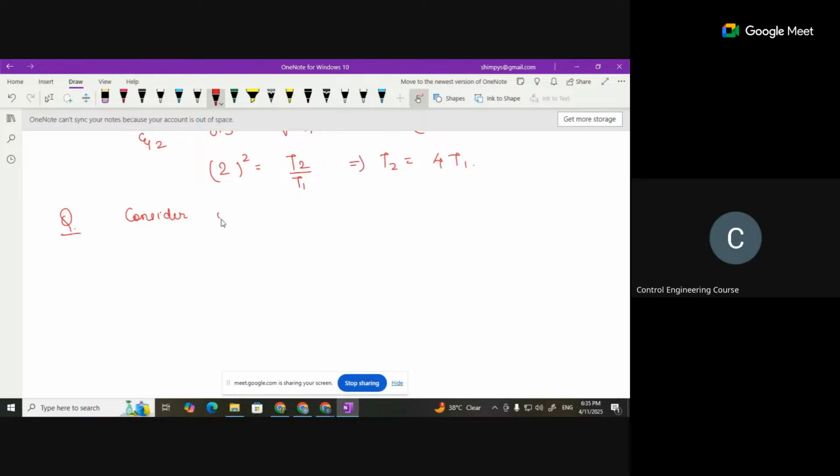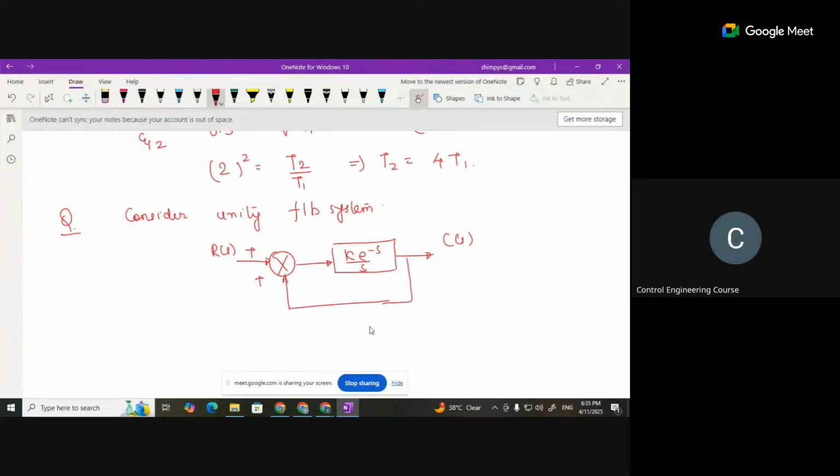We have a unity feedback system that is given to us, and this is the system whose transfer function is K e to the power minus s by s. The input is R(s), output is C(s), and this is a unity feedback system.